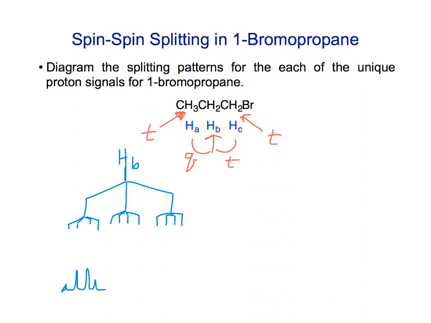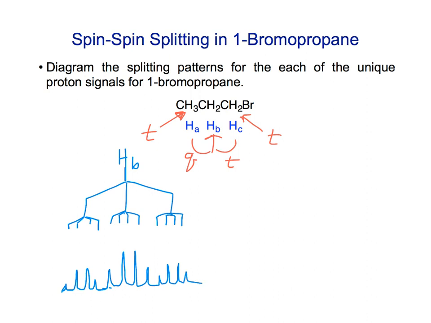Now, the quartets are in a triplet, though. What's the ratio of a triplet? 1 to 2 to 1. So the middle quartet is going to be twice as big as the ones on the outside. So we have a bigger quartet here, and then another small one out here.